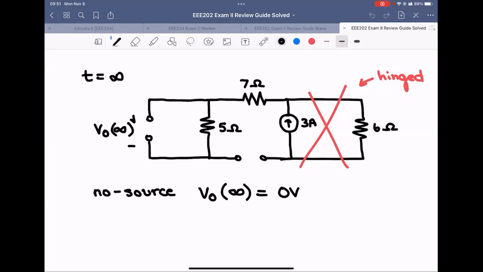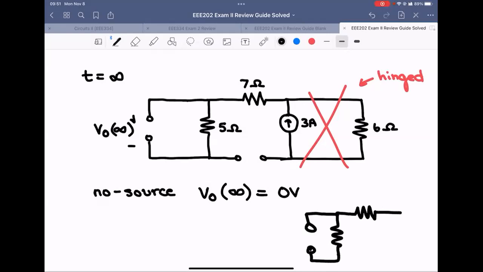So no source. Basically, everything, the 7 ohms and the 6 ohms and the 3 amp, everything. Yeah, so another way you could see this written out is if we redrew it again after removing those. I won't write the units. We would actually see it looking like this.